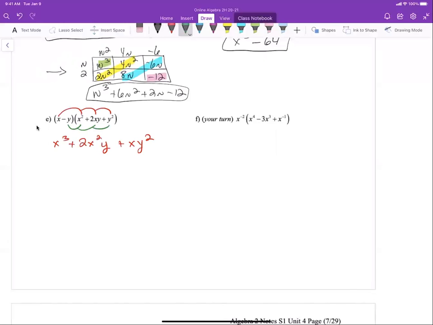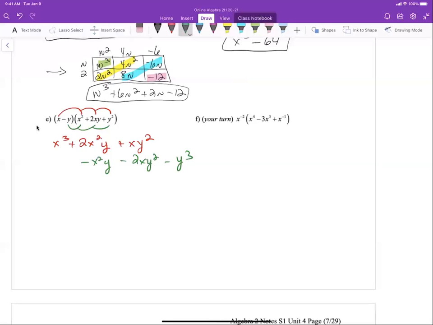And then if I multiply through by negative y, don't forget that negative, I will get a minus x squared y, minus 2xy squared, minus y cubed.